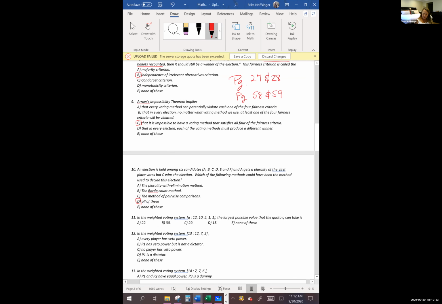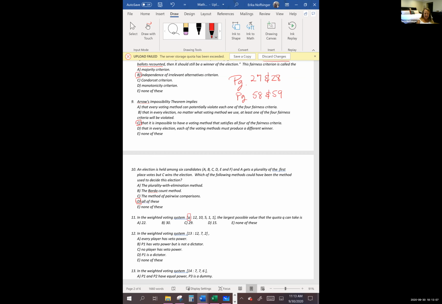In a weighted voting system, Q is our quota. We have voters with weights 12, 10, 5, 1, and 1. The largest possible value that the quota Q can take is... well, if we sum these, we have 12 plus 10 is 22, plus 5 is 27, plus 1 is 28, plus 1 is 29.